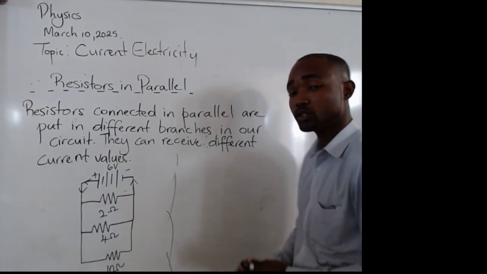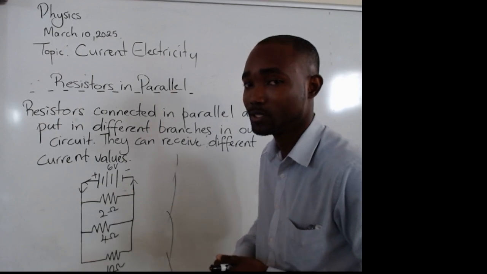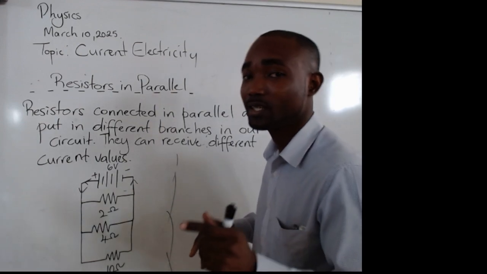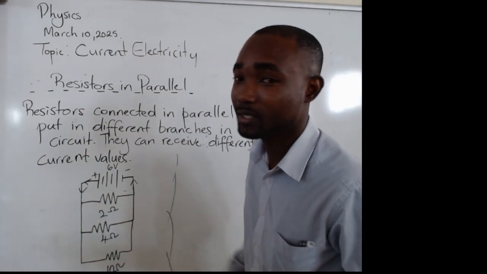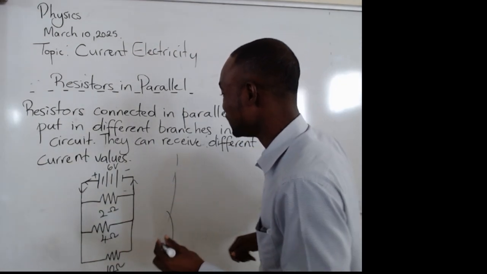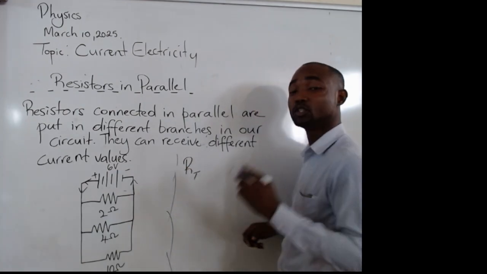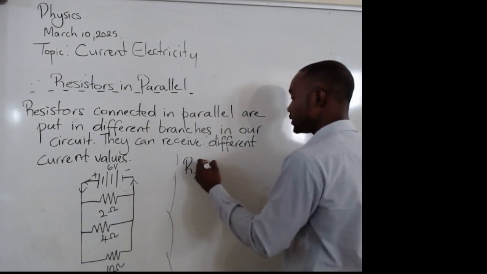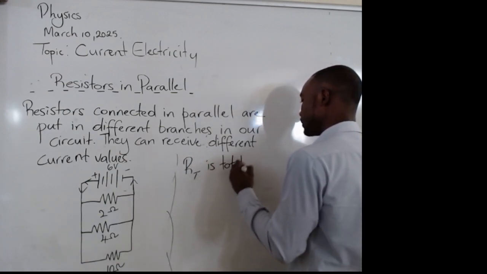Now, let's move over here to the formula. This one is one you'll have to practice, maybe memorize, but more so if you practice, you won't have to memorize. It will be right there in your retrievable memory. So, RT again will be our total resistance in our circuit.